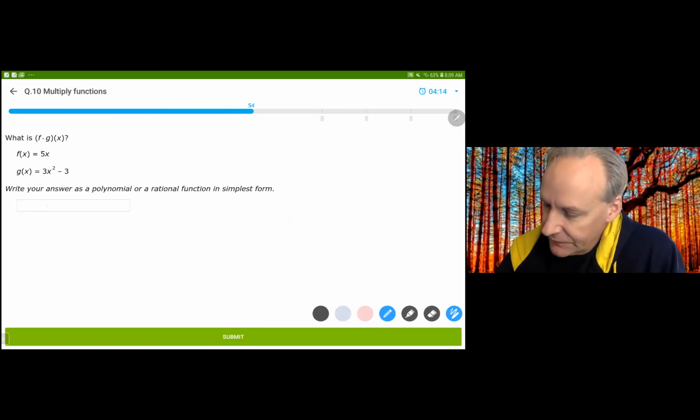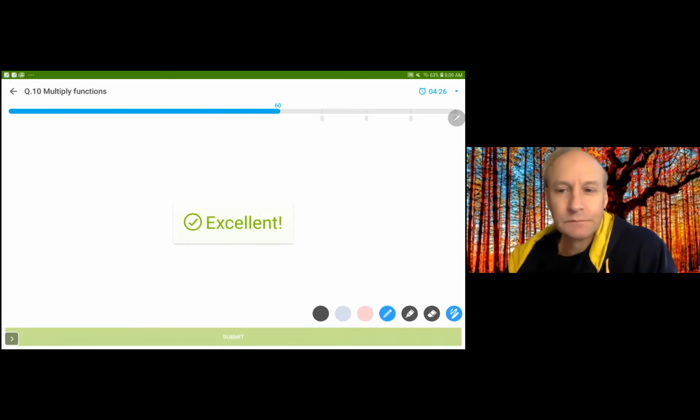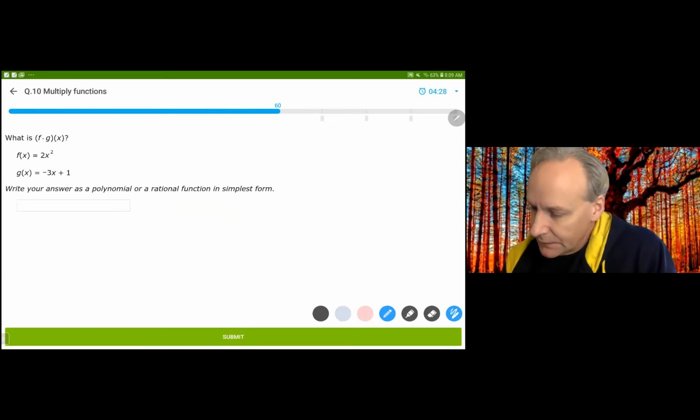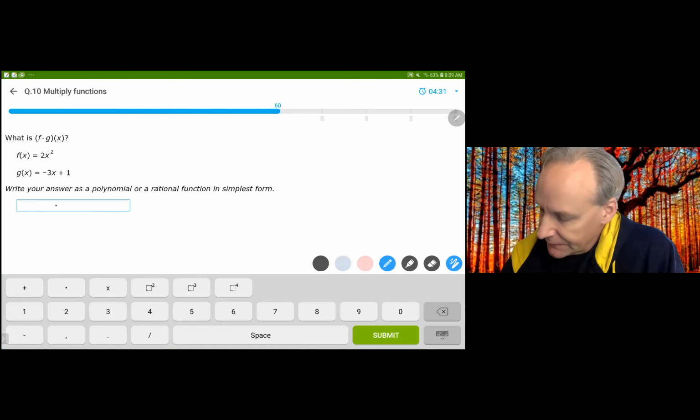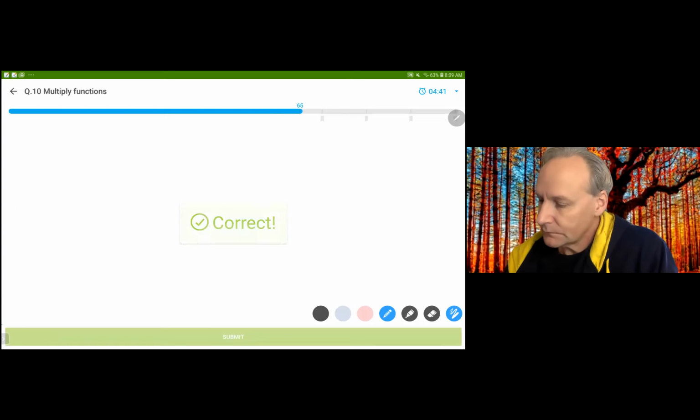This one is going to give me 15x cubed minus 15x. This one is going to be minus 6x cubed. And then we have a plus 2x squared.